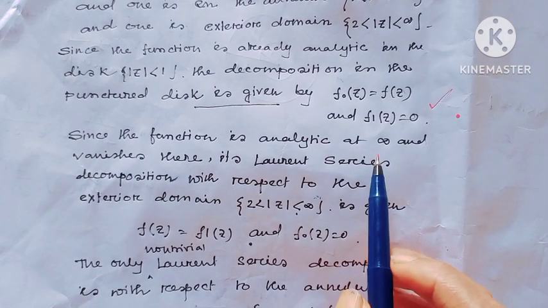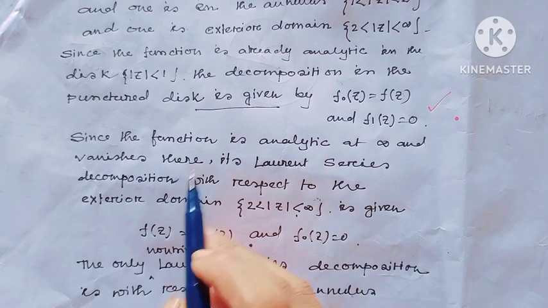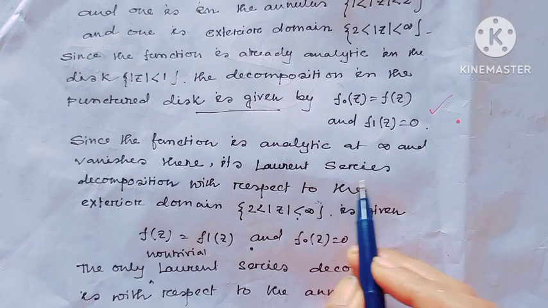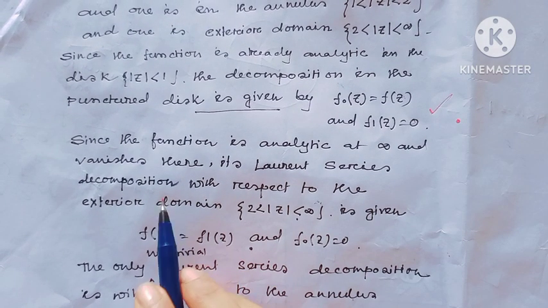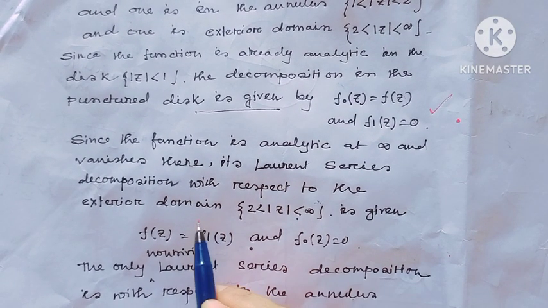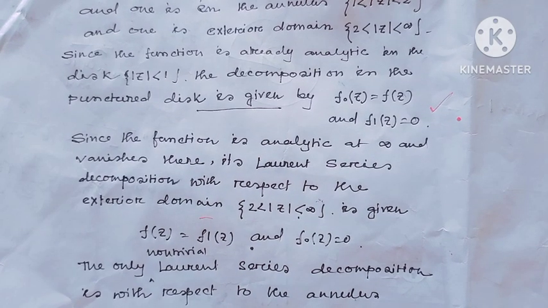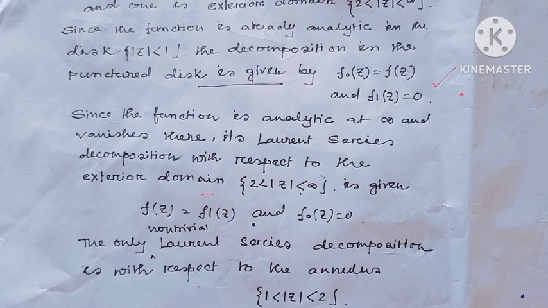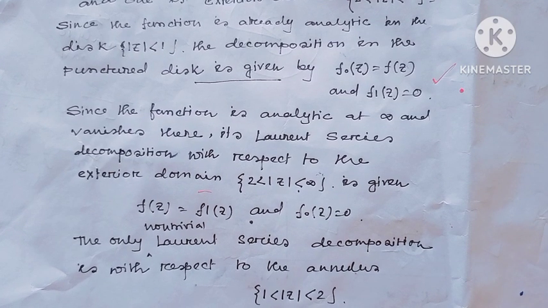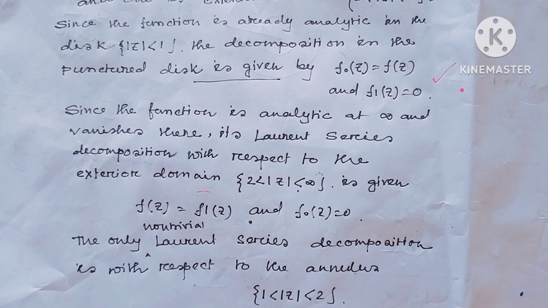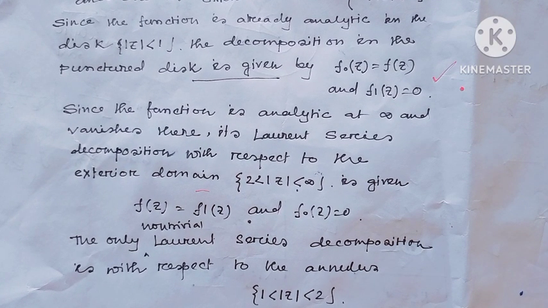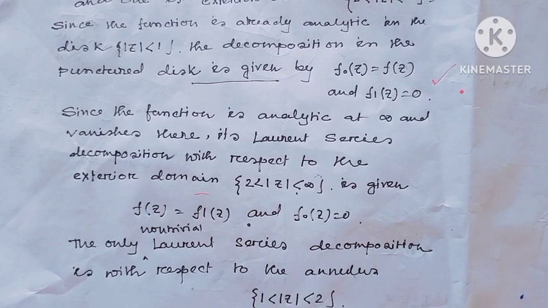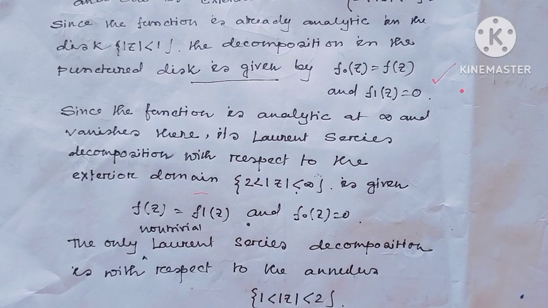Since the function is analytic at infinity and vanishes there, its Laurent series decomposition with respect to the exterior domain, 2 less than modulus of z less than infinity, is given by f(z) equal to f1(z) and f0(z) equal to 0.